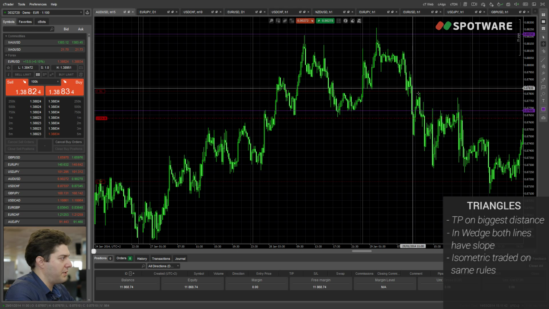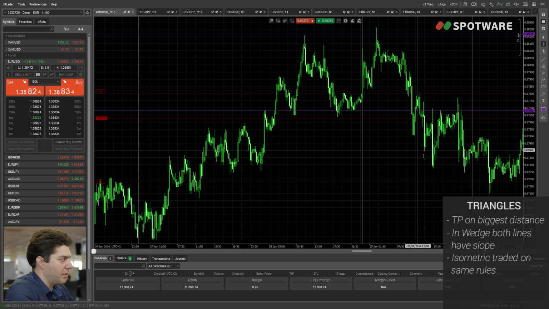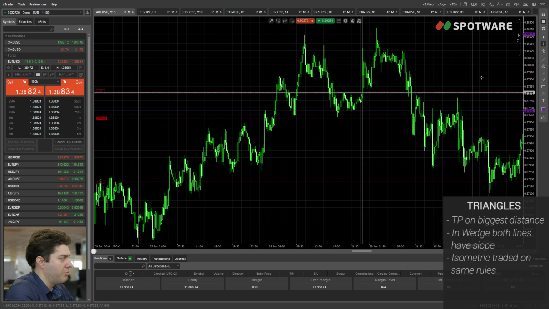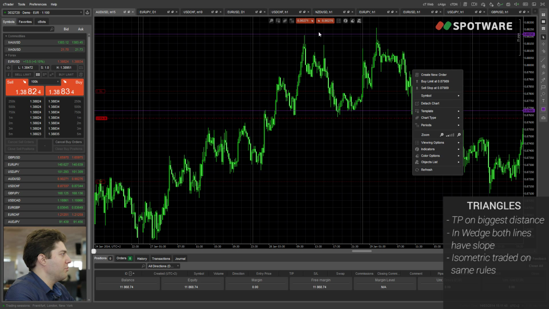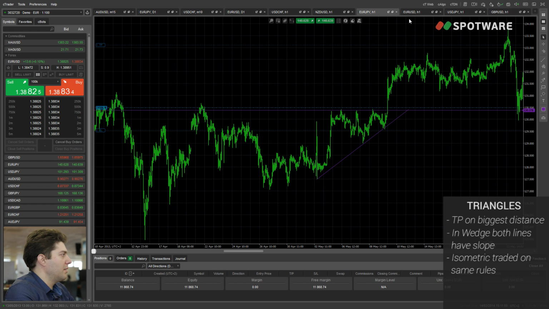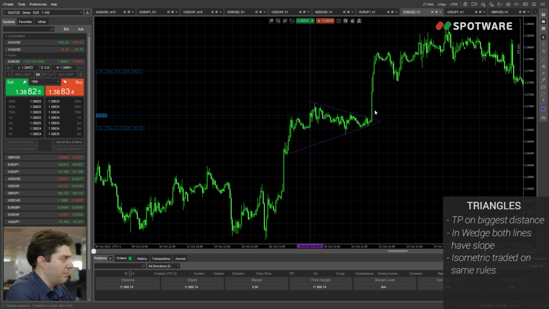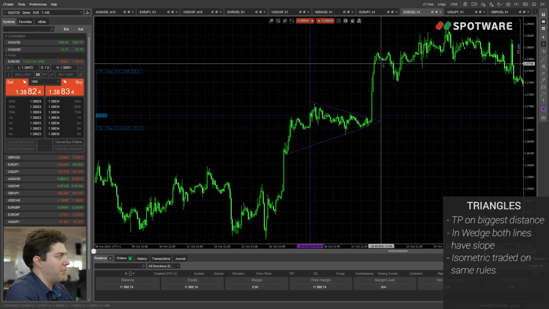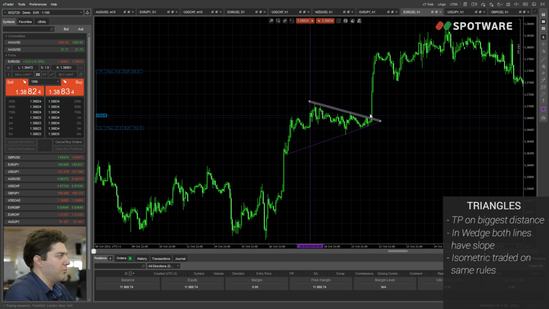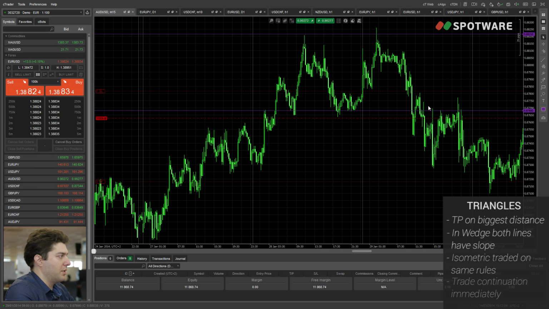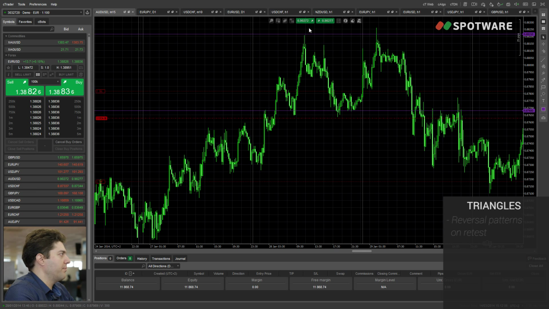It reverses the trend. There are still people that believe that the trend is going to continue, and they push the price up. However, because this pattern is during a trend, everybody is going in this direction anyway, so it breaks with power. So it's recommended to trade the continuation patterns immediately at the break, but with reversal patterns you can wait to trade them on the retest.